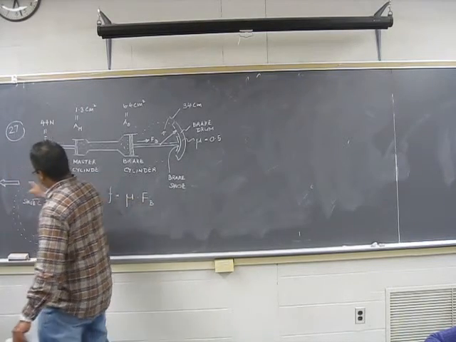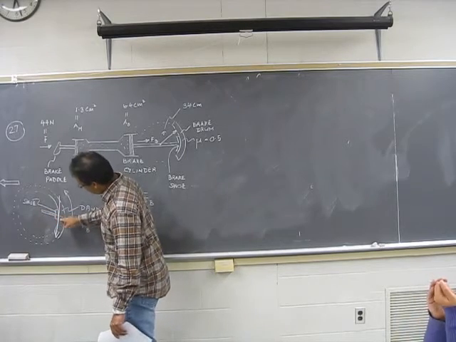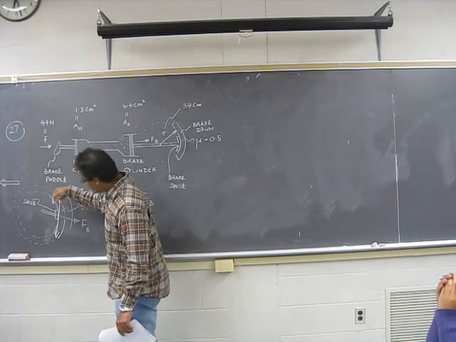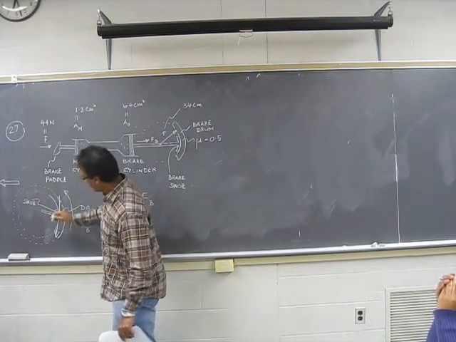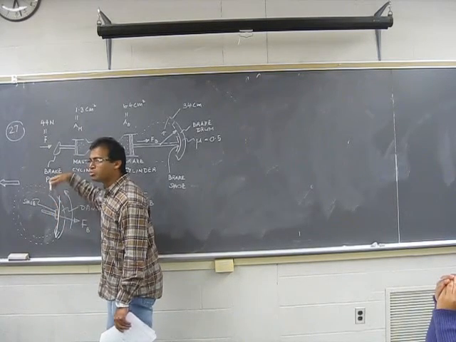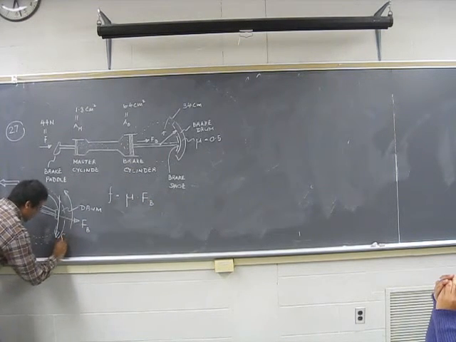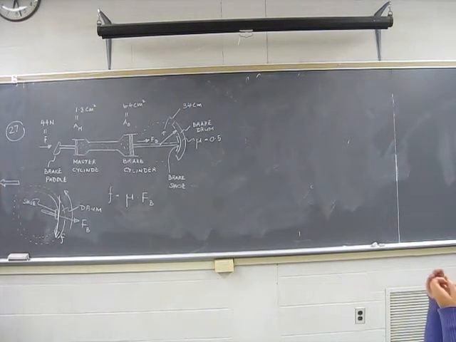When you apply the brake force, the frictional force is always going to be against the motion of the wheel. So the wheel is rotating this way, the friction will try to stop the movement of the wheel. So it has to go this way. So this is our frictional force right there.